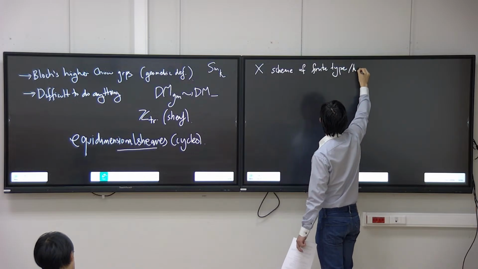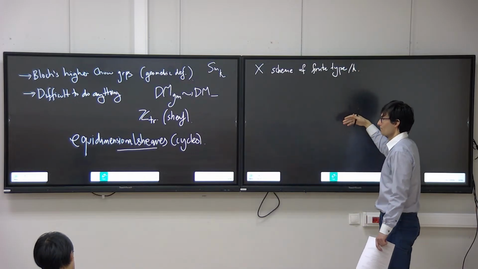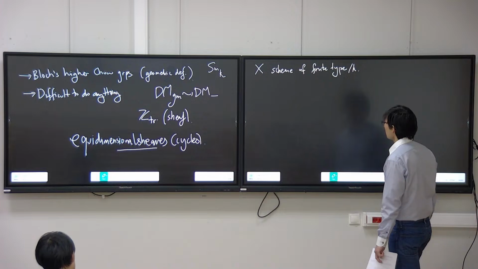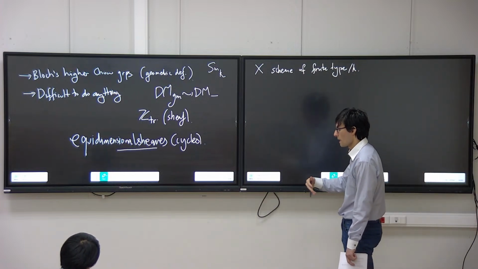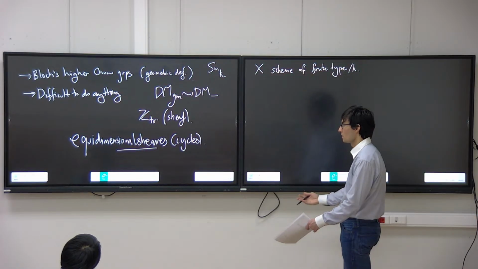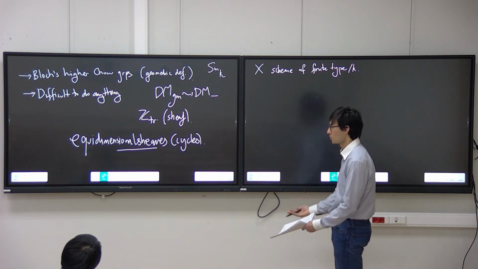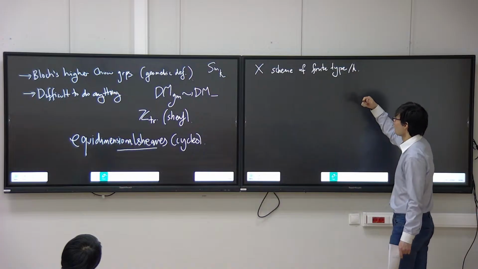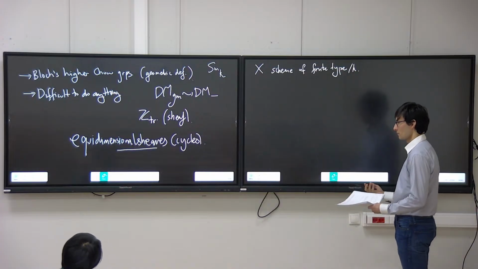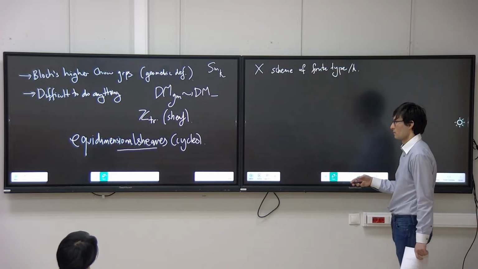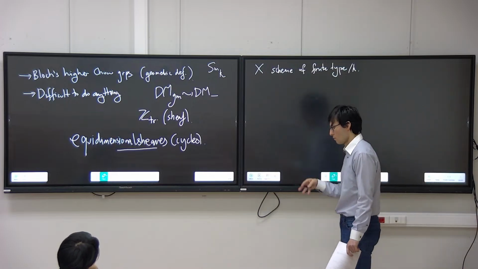And the reason for this is I want to touch on, so in the smooth setting, we dealt with the natural topology, the natural site was the Nisnevich site. And when we move away from smoothness, we need a new kind of site. And this site is pretty popular among K theorists.